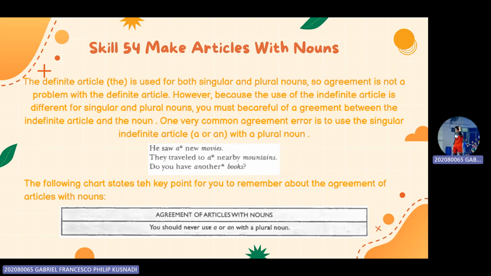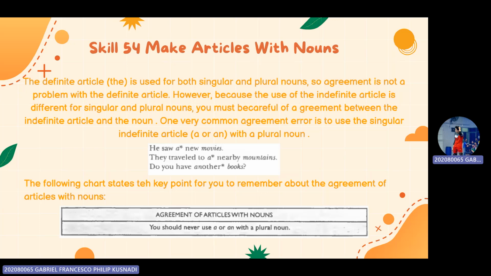One very common agreement error is to use the singular indefinite article, a or an, with a plural noun. For example, he saw a new movies. They traveled to a nearby mountains. And do you have another books?